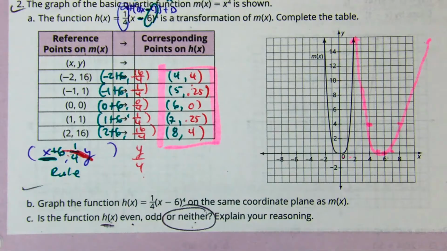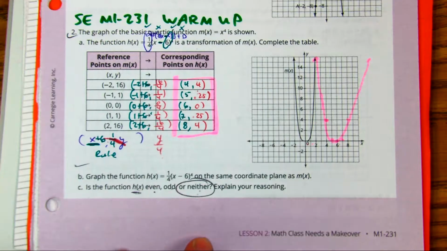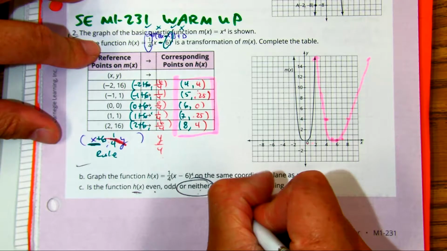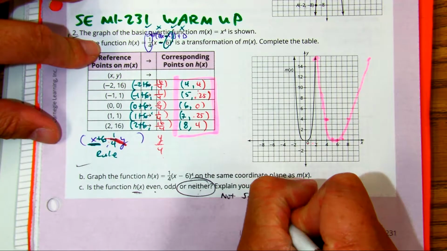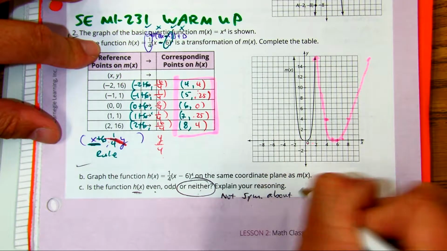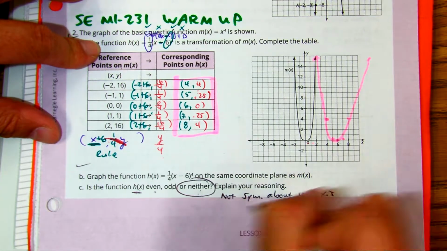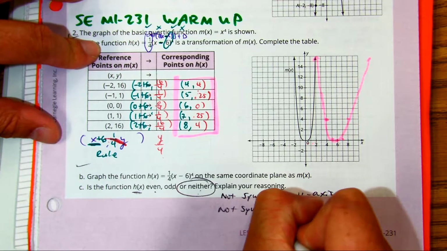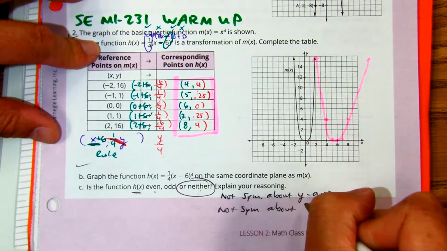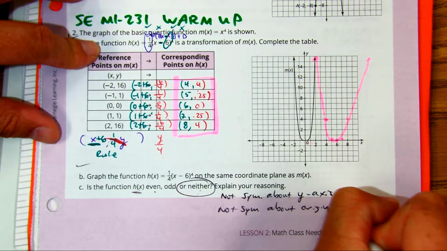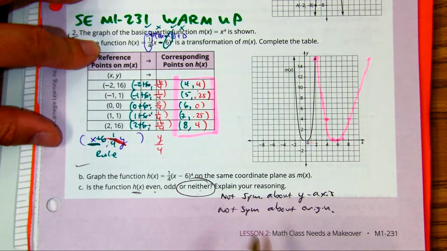You can figure this out in 2 ways. You can do the graph. So not symmetrical about the y-axis. Not symmetrical about the origin. This is one way of figuring that out.